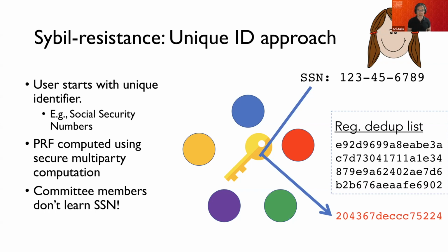The Candid committee, the second time, will derive this PRF value from the presented social security number and can check it against the list of registered PRF values. And if it's already there, the committee knows this user has previously registered. So we get deduplication, and at the same time, no committee member learns Alice's social security number.